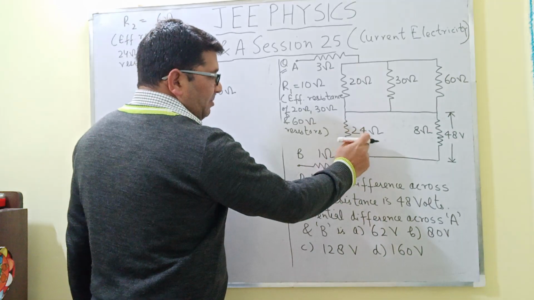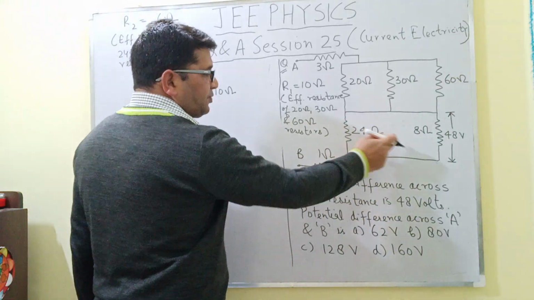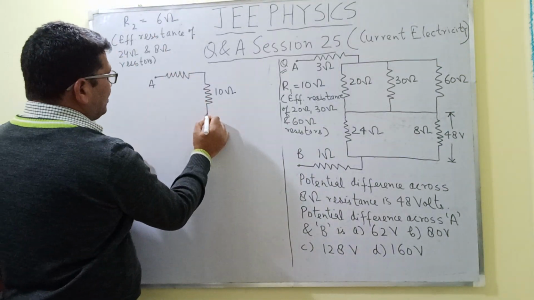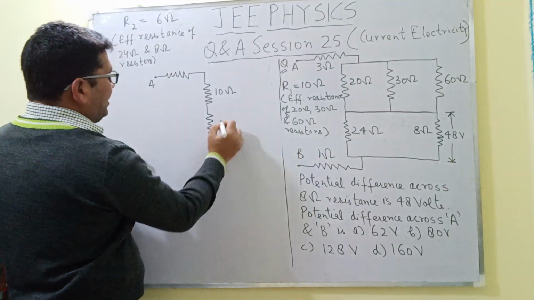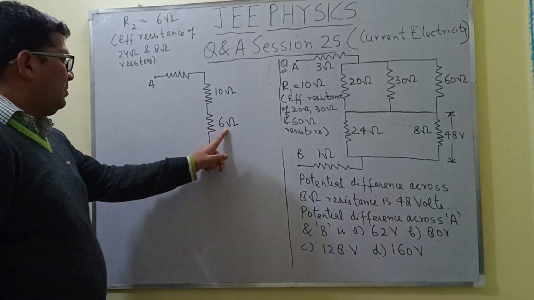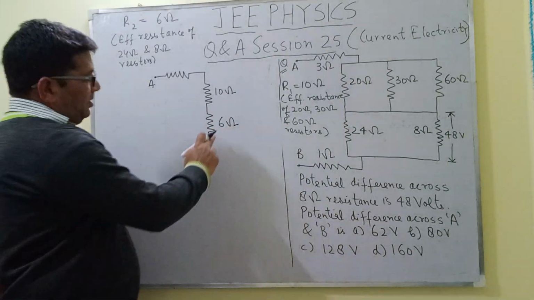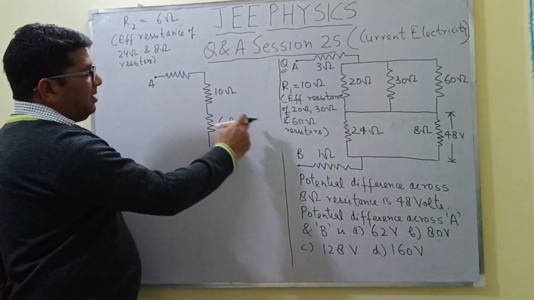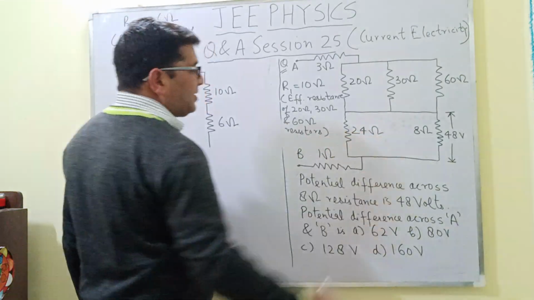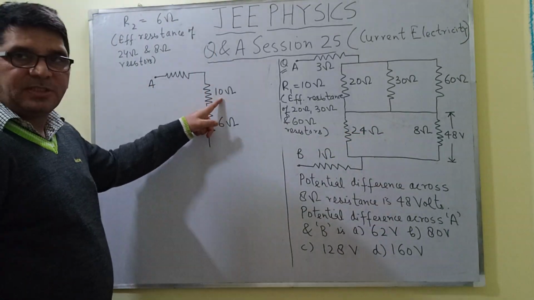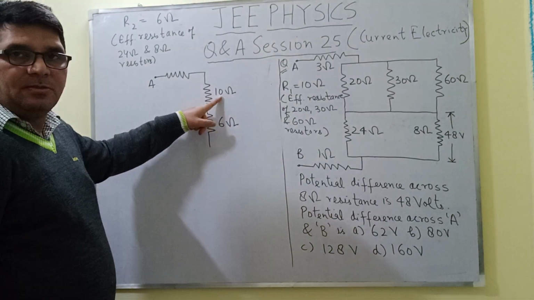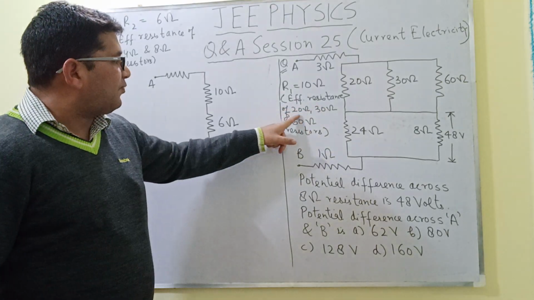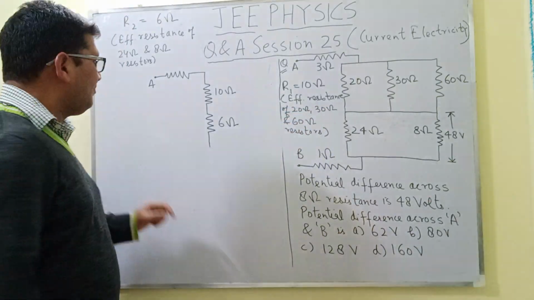And similarly, the effective resistance of this 24 ohm and 8 ohm resistors is equal to 6 ohm. So here I can draw this effective resistance of this 24 ohm and 8 ohm resistors, and this will be in series with this 10 ohm resistor, which is the effective resistance of 20 ohm, 30 ohm and 60 ohm resistor.